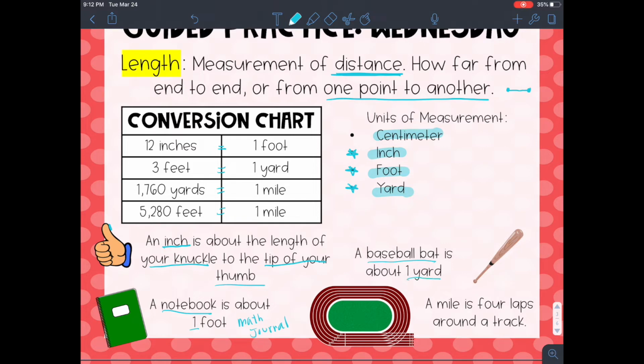Next, we have a baseball bat, and that's about 1 yard. So if you've played baseball before, it's about 1 yard, and 1 yard is equivalent to 3 feet. And so I know that that would be equivalent to 36 inches because 12 inches is in a foot, and then I need 3 feet, so I'd multiply 3 times 12 to get 36. So I'm going to show you that really quickly.